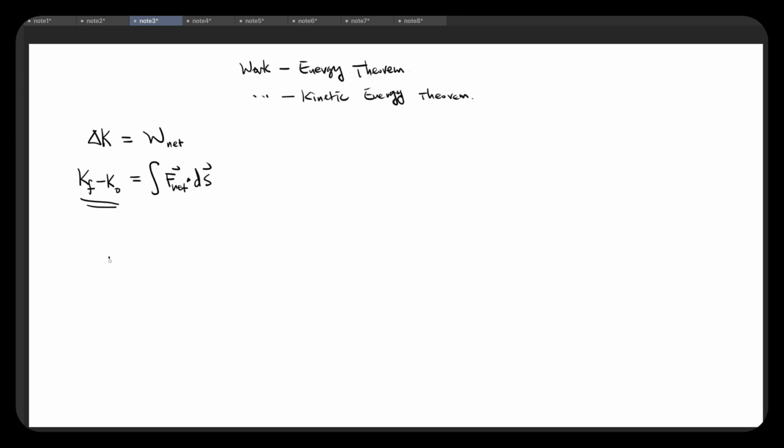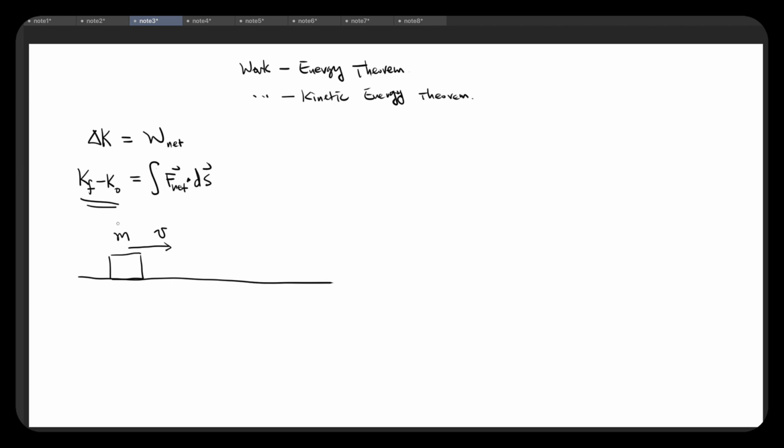Now here's one example. Let's say there's a rock, and it has mass m, and it has some velocity, let's say v here. Now think about the forces acting on this object.